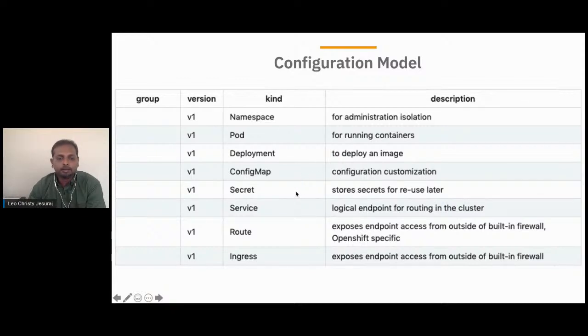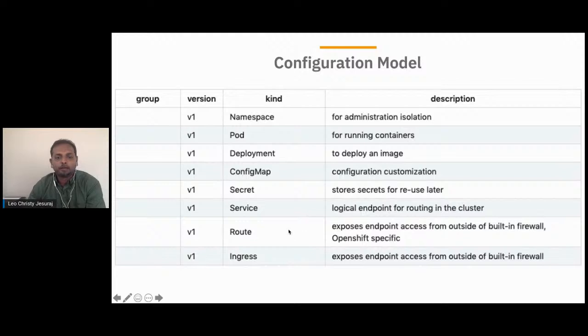And then secret is similar to the config map, but it's there for storing sensitive information like passwords and so on. And we talked about service, so it's there for load balancing. It sits in front of these sets of pods, and it manages the traffic.